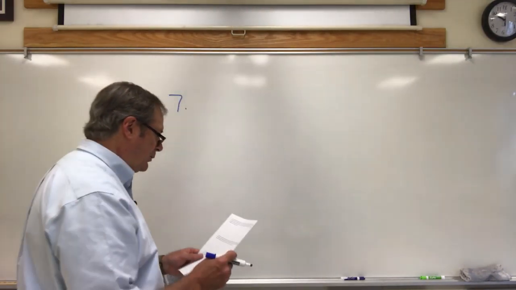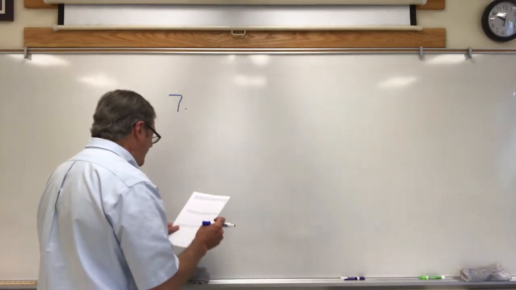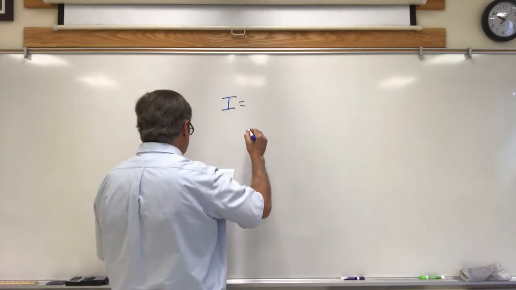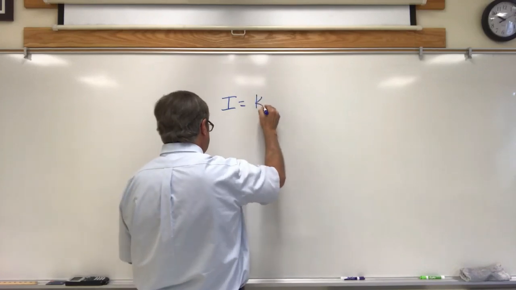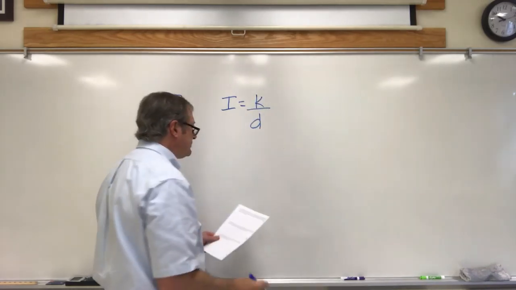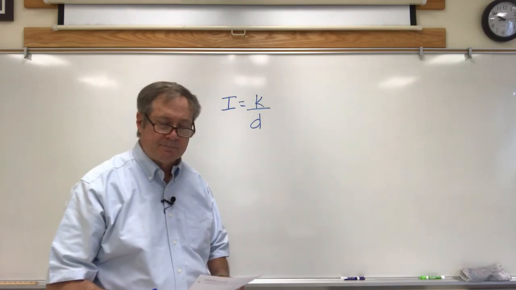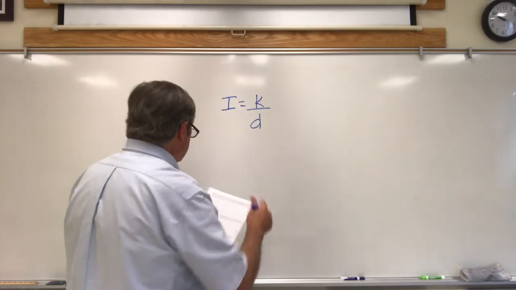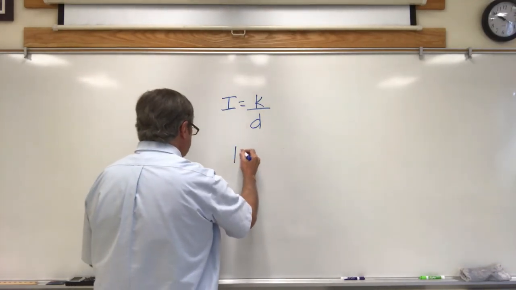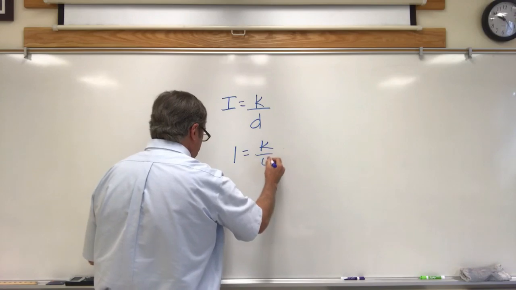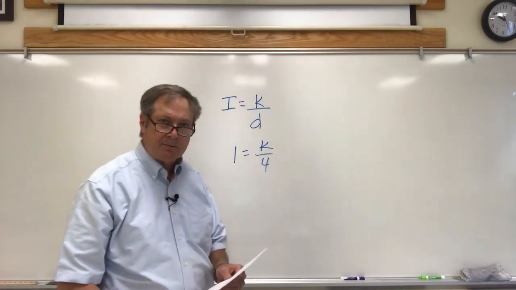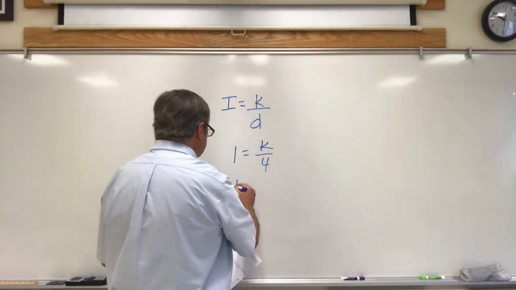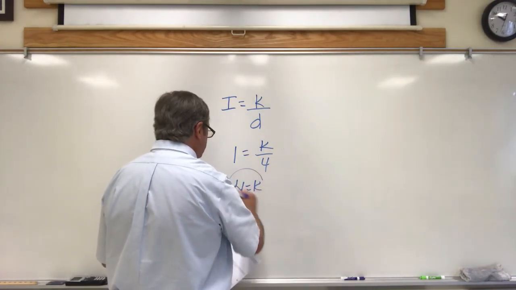We're going to write it down as we read it. If the sound intensity, that's going to be I, is inversely proportional, K over the distance, well, if the sound intensity I is 1 unit when the distance is 4 feet, now we're going to multiply both sides by 4, so hopefully you can quickly see that K is going to equal 4.